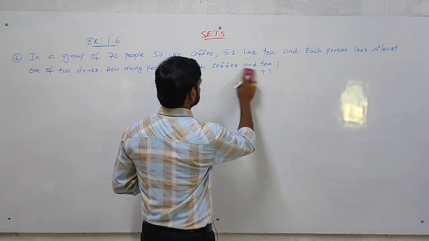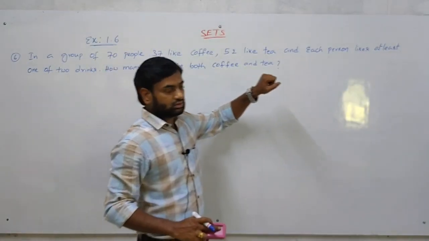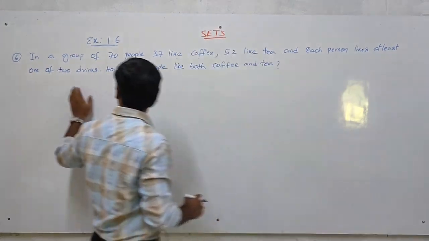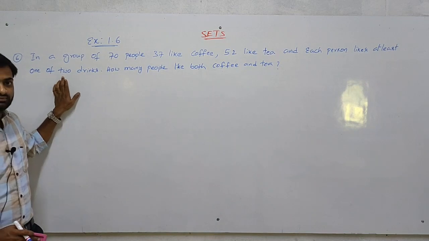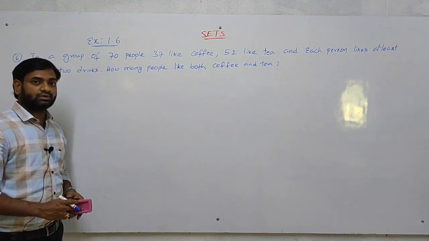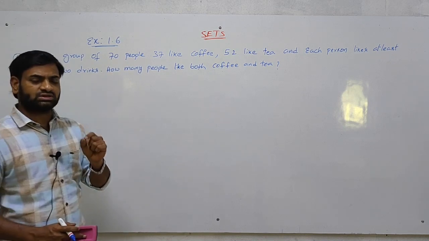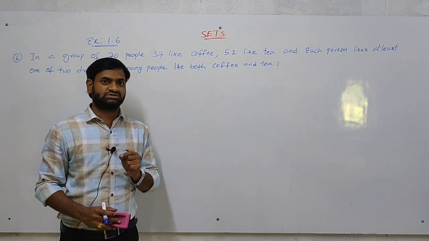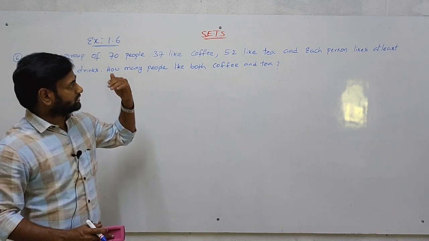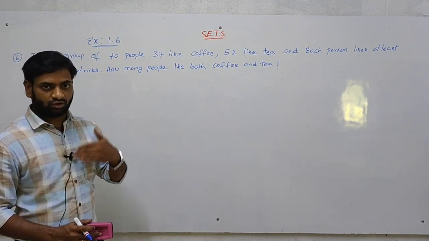So this is clear. Now see, come to this one. Each person likes at least one of two drinks. It means out of 70 people, each and every person, that is 70 persons, like either coffee or tea.